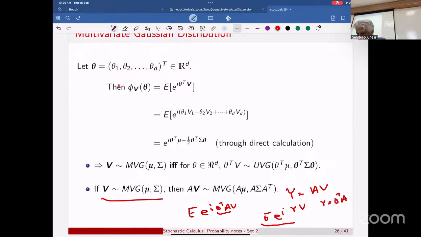But your point is theta transpose A we are taking as gamma right now, right? Actually, shall we call it gamma transpose?